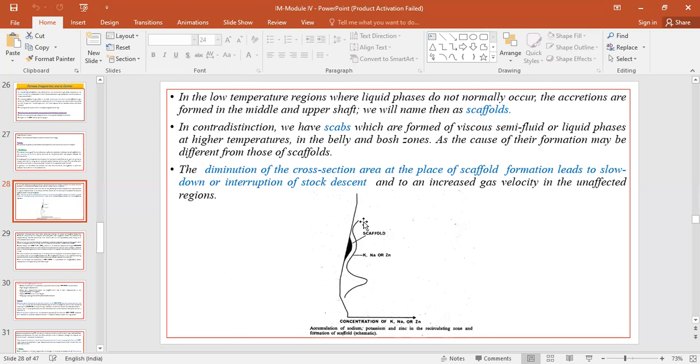There won't be uniform burden movement, and the reducing gases traveling from the bottom also will not come in contact with the burden overlying these solid accretions. And also the temperature profile will vary from the periphery towards the center.